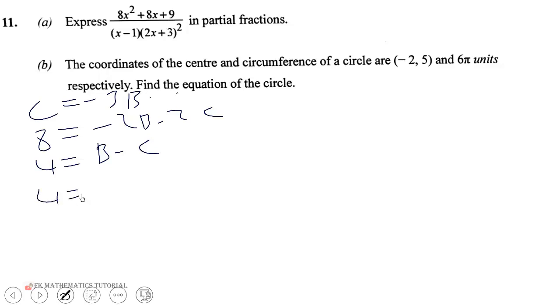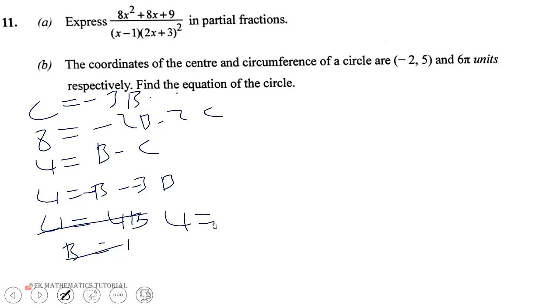So I'm going to get 4 is equal to negative b plus 3b, which is equal to 2b.